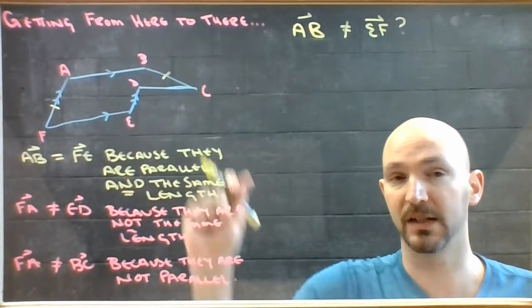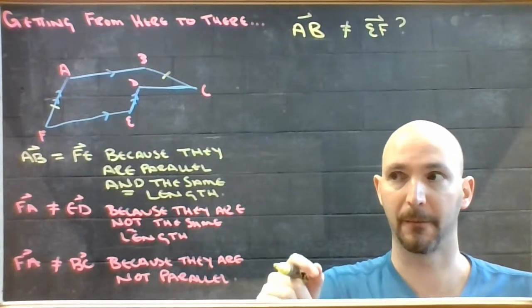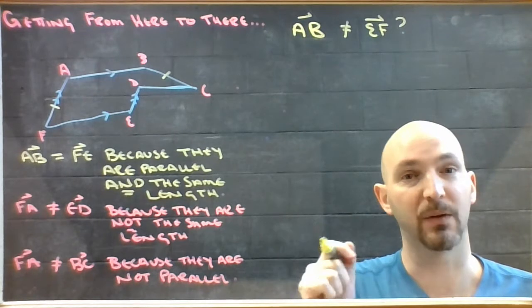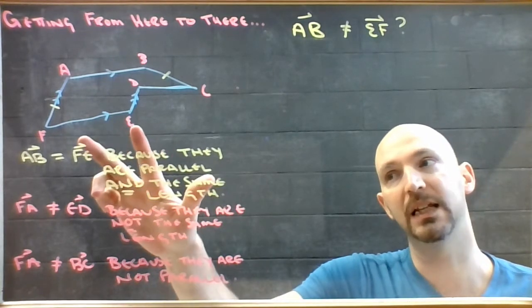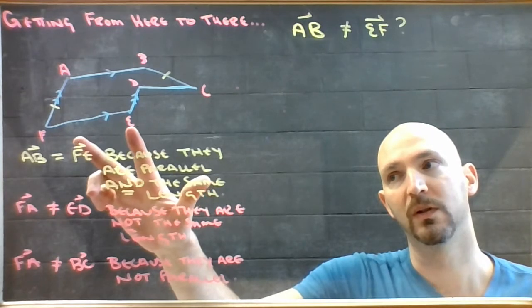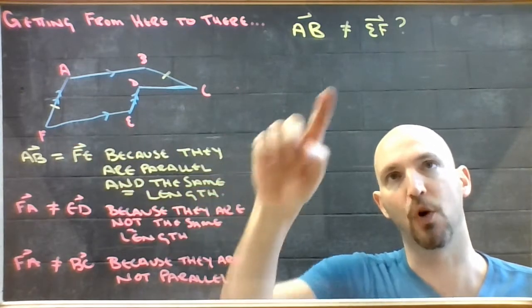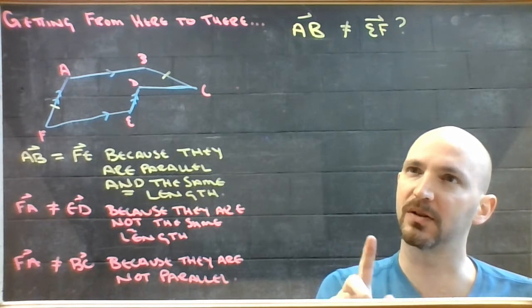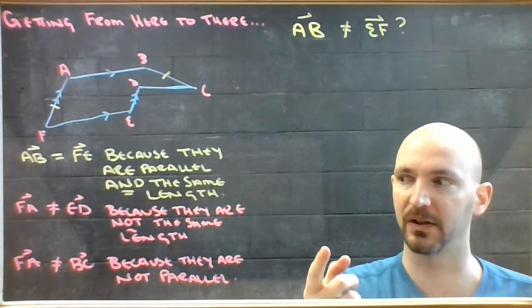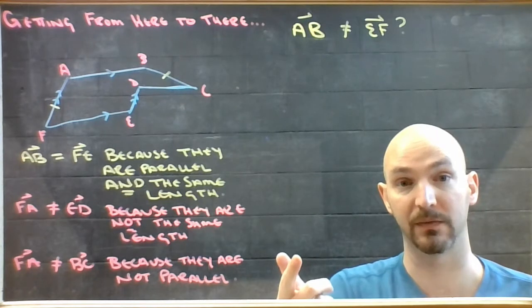From here to here is not the same as here to here. If I were to try and fix it, I would need to go this way, right? I need to go backwards on E to F. And the way you get yourself going backwards on a vector is to make it negative.